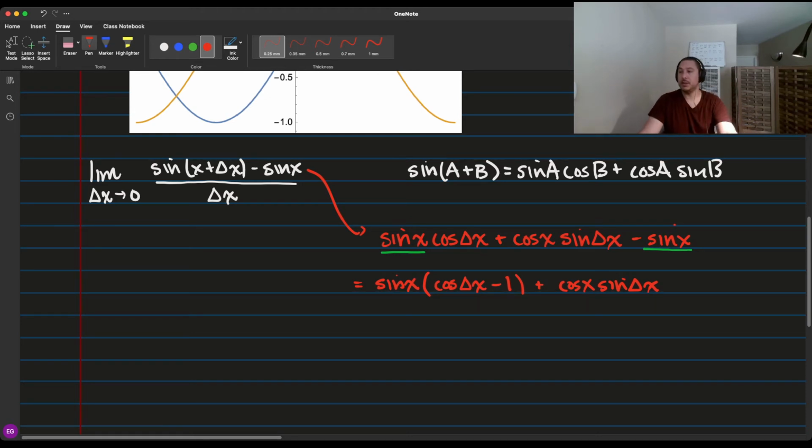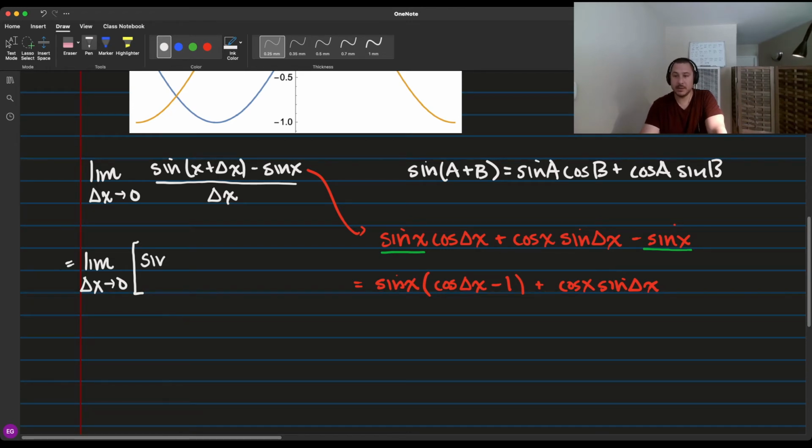Okay, so let's put that back into the limit over here. You get the limit as delta x goes to 0, and then that's going to be split up into two different fractions.